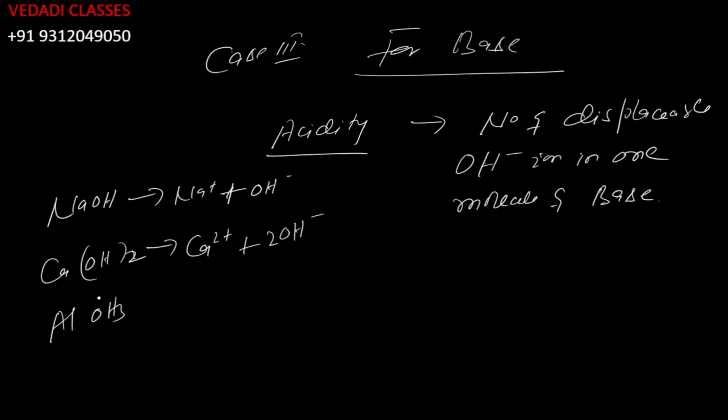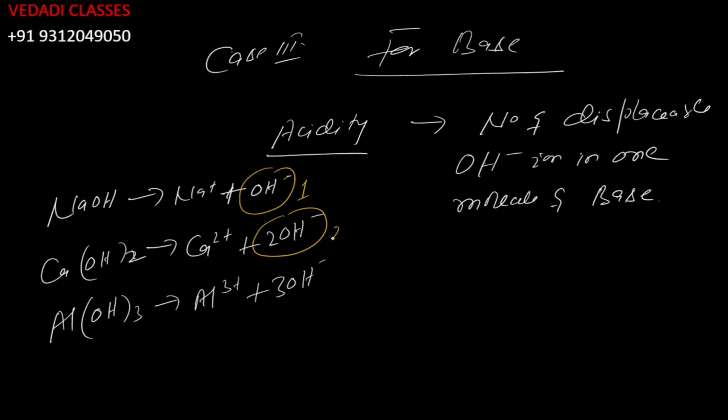Al(OH)3, aluminum hydroxide, gives Al3 plus and 3 OH minus. So in the first case there is one displaceable OH minus, so its acidity is 1. In the second case it is 2, so acidity is 2. In this one it is 3, so acidity is 3. Got it?